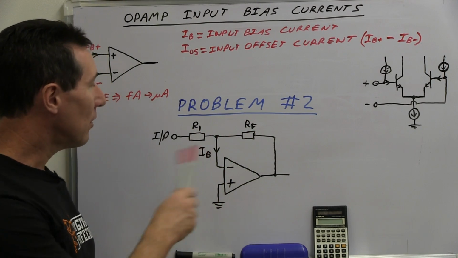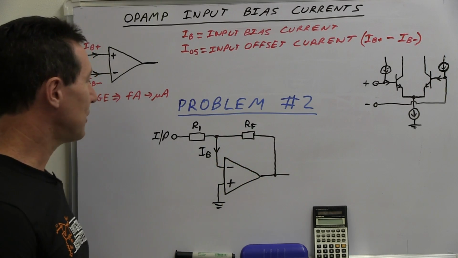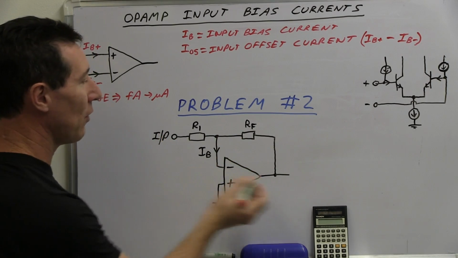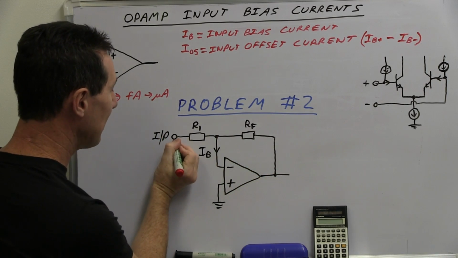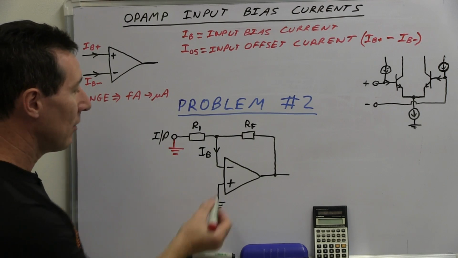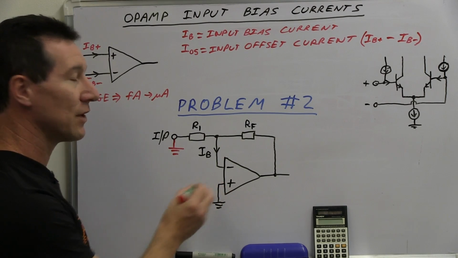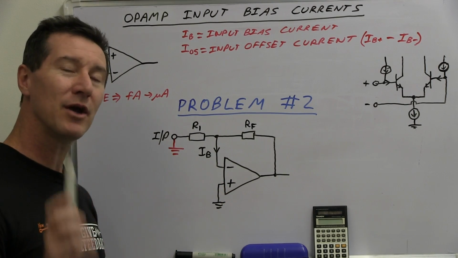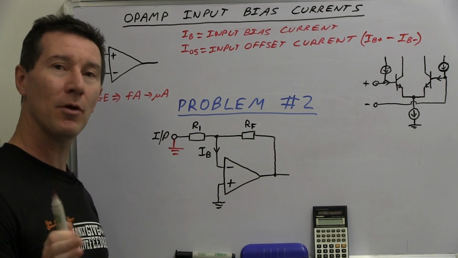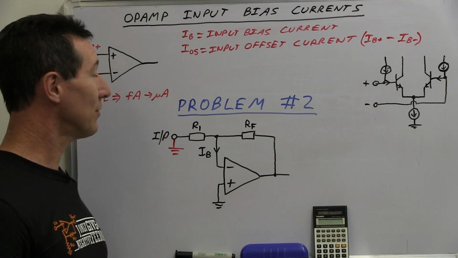Now the second problem we've got is errors introduced into our gain network and our feedback resistor network. Let's take this inverting op amp configuration, and here's our input voltage, and that's our output of course, and let's ground this input here and see what happens. Because the non-inverting input down here is also grounded, we go back to our ideal op amp properties. We're assuming our input offset voltage is 0, remember we're not talking about offset voltage yet.